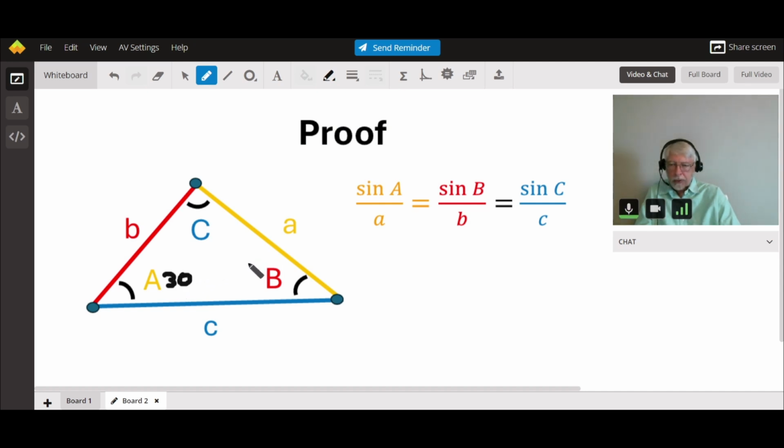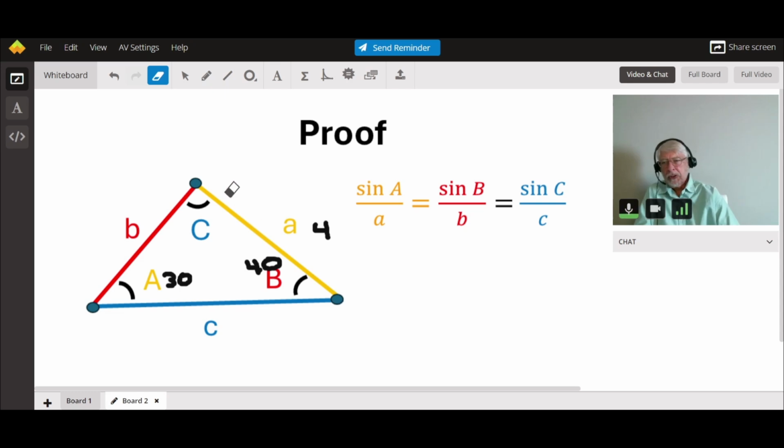And let's say we know that this is 40 degrees. And we're going to say that side length a here is equal to 4. So a is equal to 4. Let's find the missing angles and the missing sides.